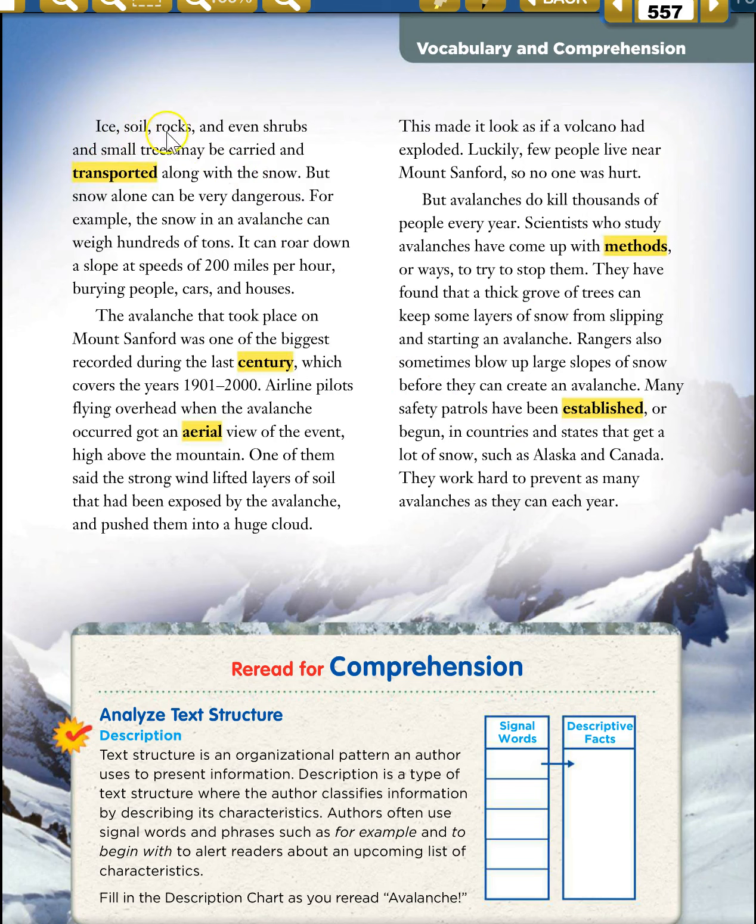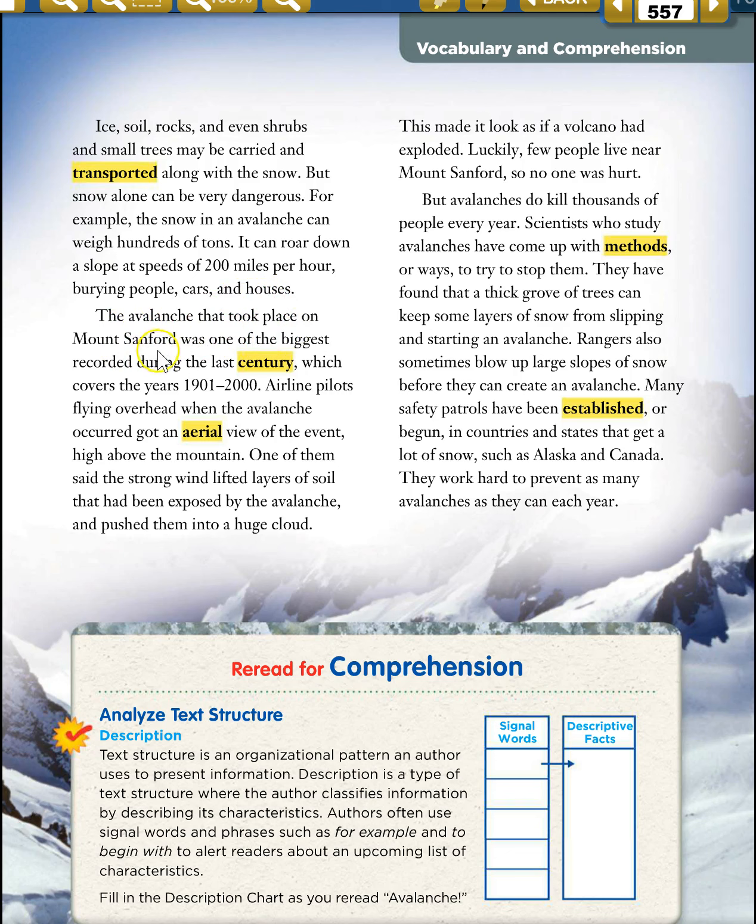Ice, soil, rocks, and even shrubs and small trees may be carried and transported along with the snow. But snow alone can be very dangerous. For example, the snow in an avalanche can weigh hundreds of tons. It can roar down a slope at speeds of 200 miles per hour, burying people, cars, and houses.